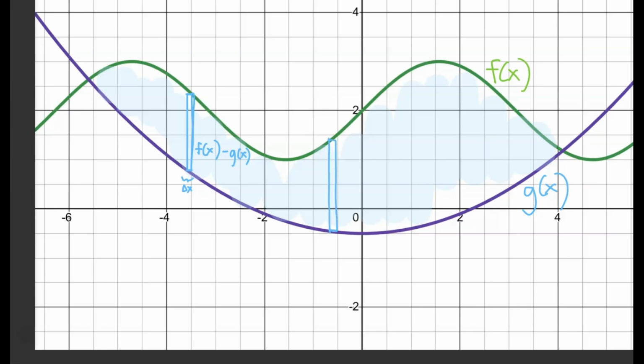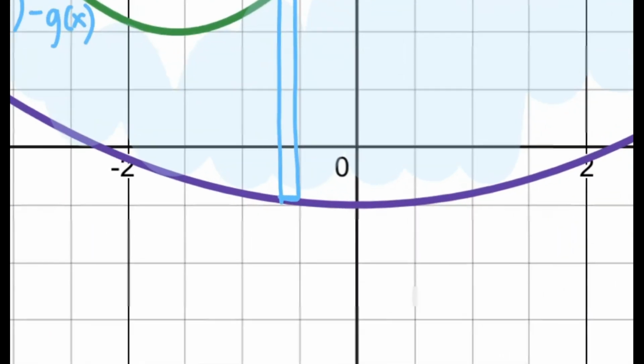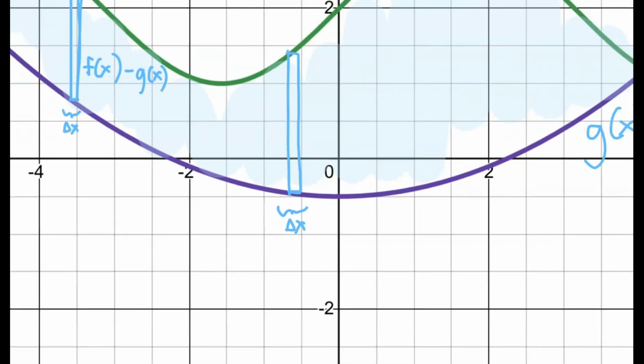So let's think about this for a minute. Here we would have delta x, and then we still want to count the whole length of this rectangle, so this length would be f of x. And this is actually a negative number here. So if we were to take f of x minus g of x still as our length of the whole rectangle, that would be accurate because you have f of x minus a negative number, which is g of x.